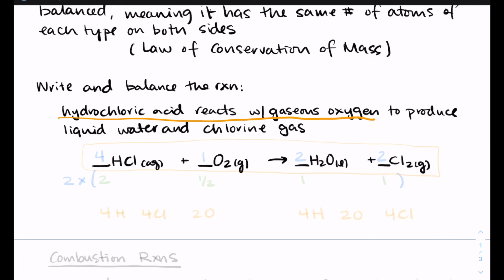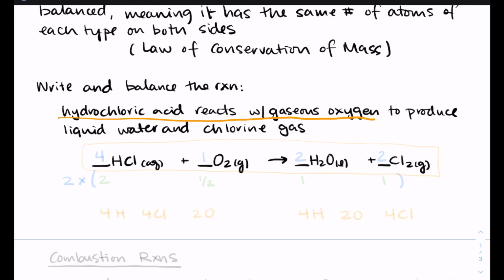So honestly, the first thing I might look at is the hydrogen and the chlorine, because on the left I've got 1 hydrogen and 1 chlorine, and on the right I have 2 hydrogens and 2 chlorines.